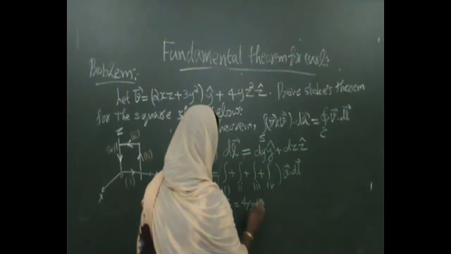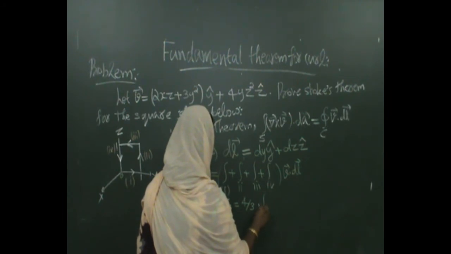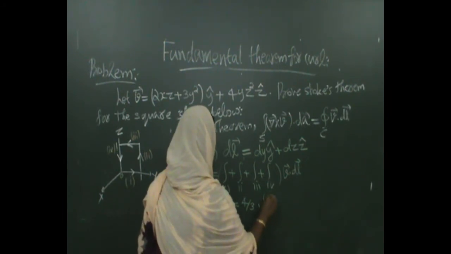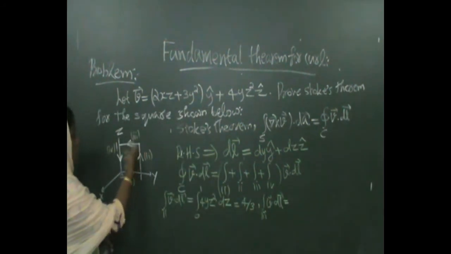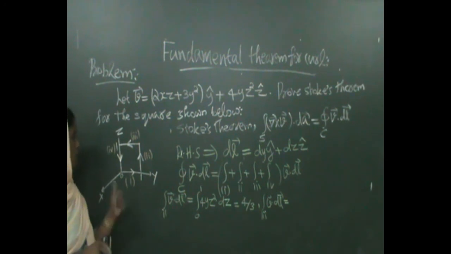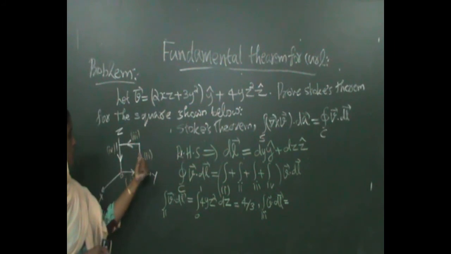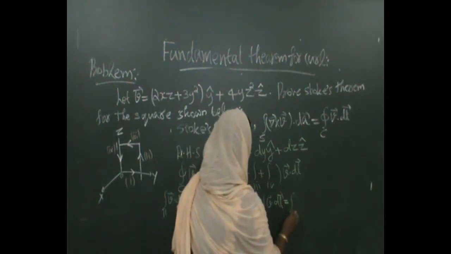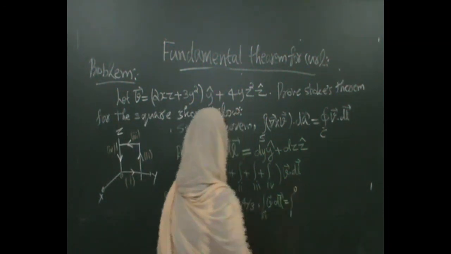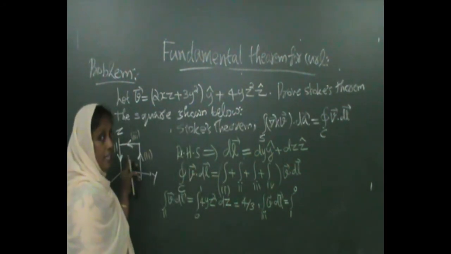Now you can do the integration over the third part, V dot dl, along this direction. Now this integration is running from 1 to 0 and this is along dy.